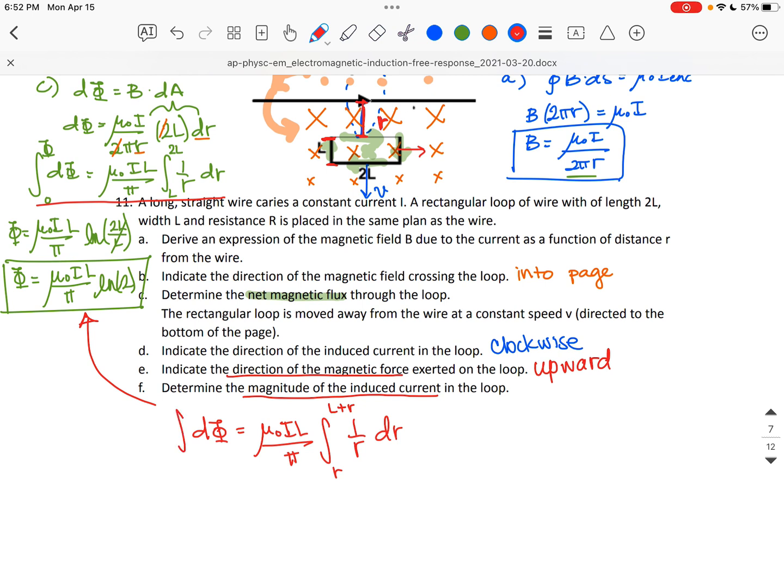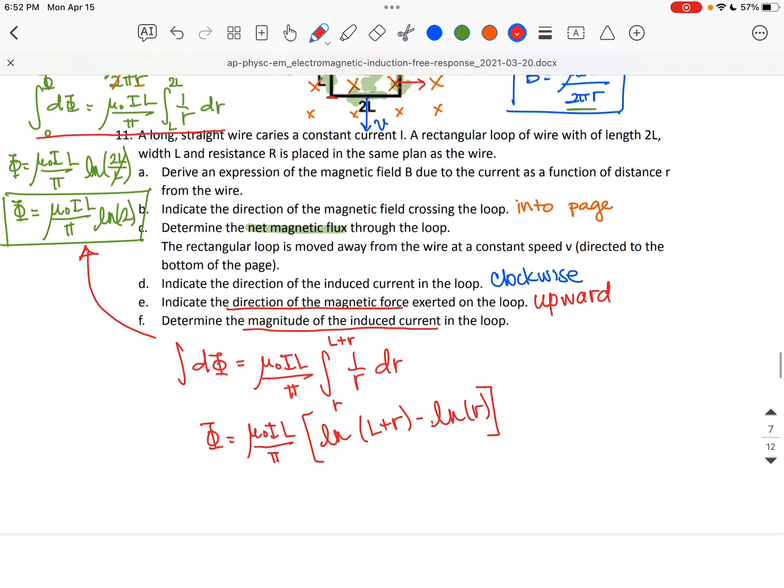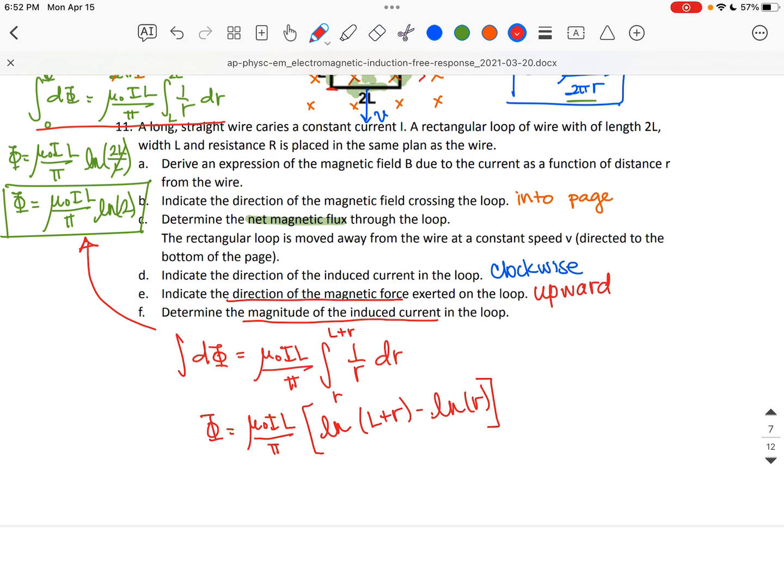I've got flux is equal to mu naught I L over pi, and then I've got ln, and I'm going to write this as ln of L plus r minus ln r.